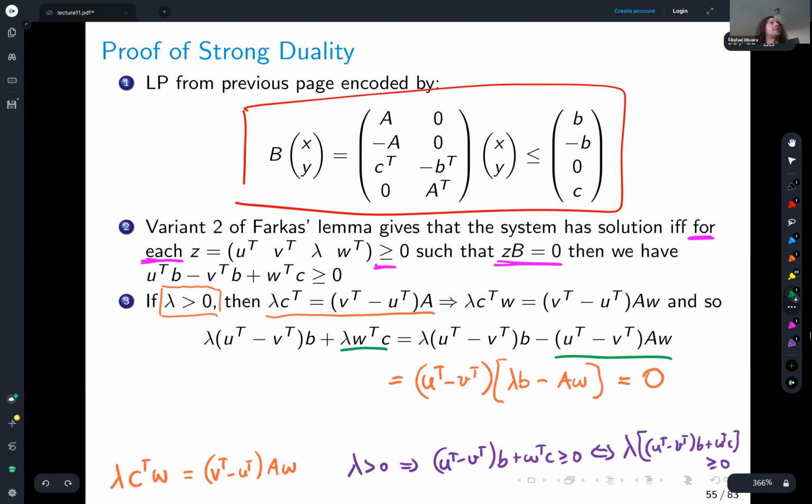What do we want to prove? We want to prove that for any vector Z that satisfies ZB equal to 0, this inequality holds. And now we just said if Z has its lambda coordinate bigger than 0, then this inequality is actually an equality. Does that make sense?